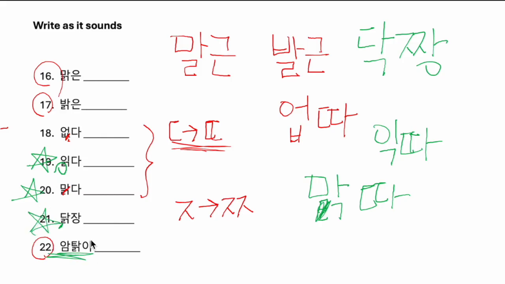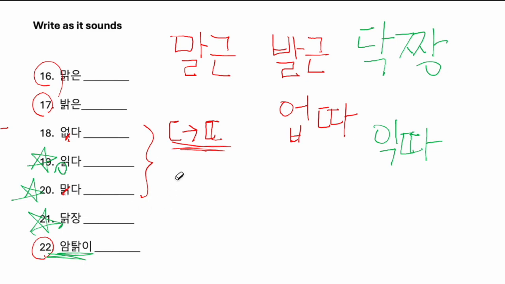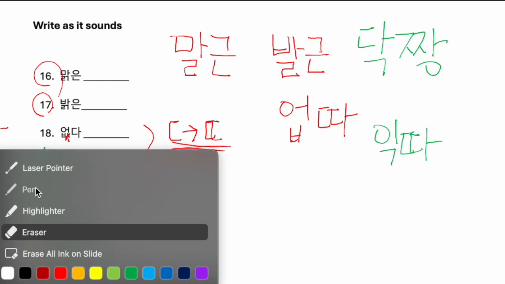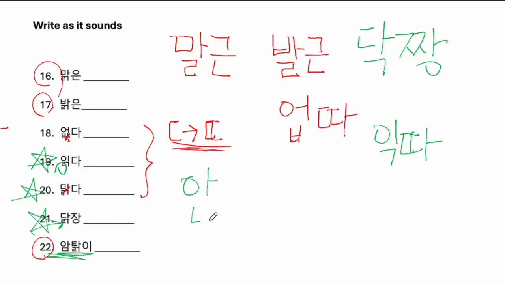And the next one is a placeholder. So you will write, let me get a space here. This is hen, chicken, hen. Oh, this is not, yeah, it's okay. 암탉이. Okay. Good job.